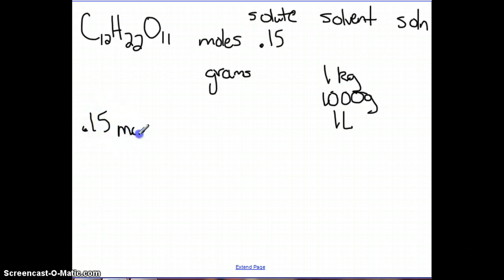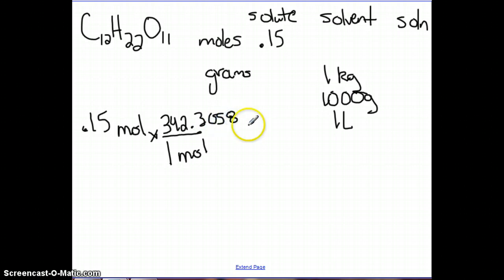So we have 0.15 moles, and then we'll have 1 mole on the bottom and our molar mass of C12H22O11 on top, which is 342.3058. Once we multiply that, that's going to give us our grams, and we get 51.34.